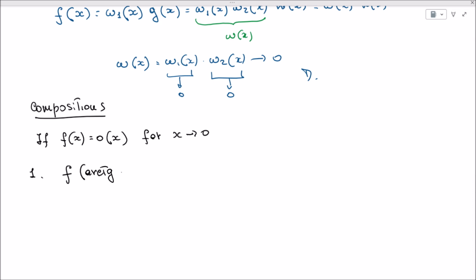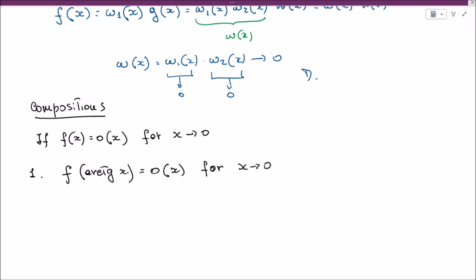So what we are doing is basically a composition of two functions, f of x and arc tangent of x. We are taking arc tangent of x as the argument of the function f of x. And we would like to prove now that if we do this, the new function that we obtain is again little o of x for x that goes to 0.